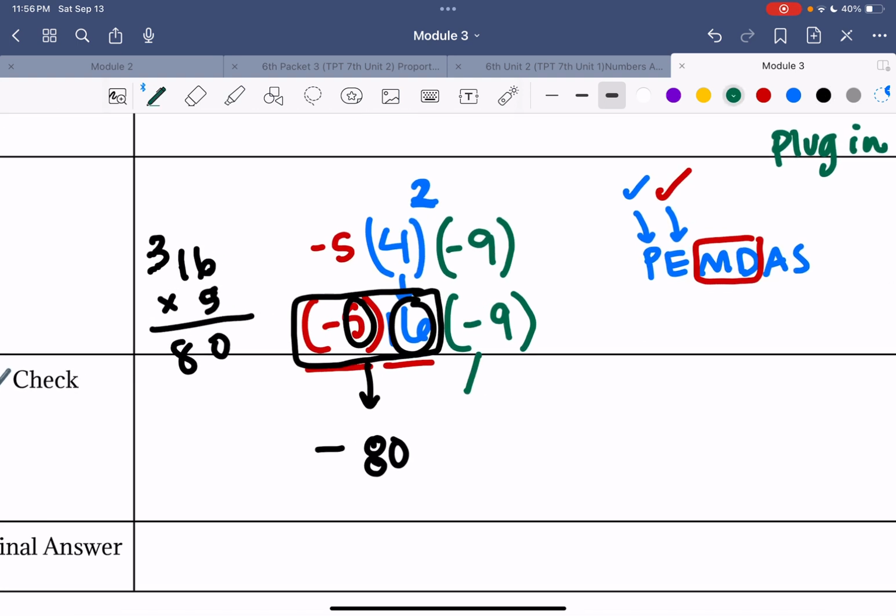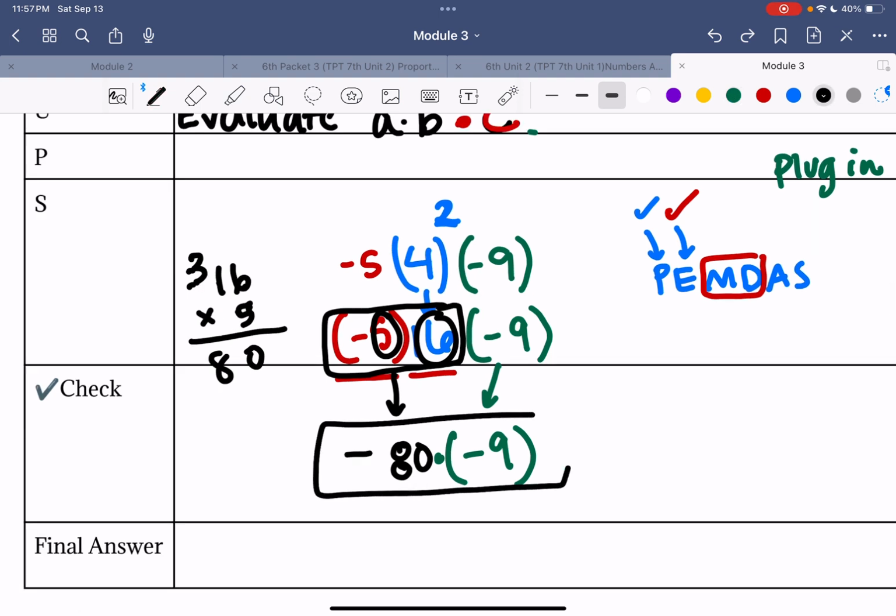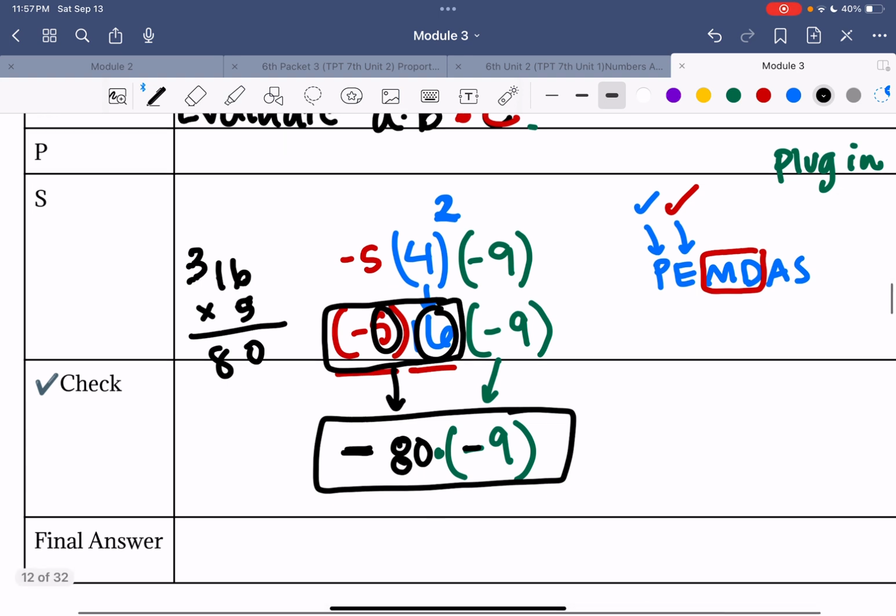And then drop down what you did not mess with. A -9 is still out there trying to multiply with whatever I got for this part. And now I do the same thing again. I say, okay, these 2 things being multiplied, they're both the same signs. They're both negative. And I learned that negative times negative is going to give me a positive answer.